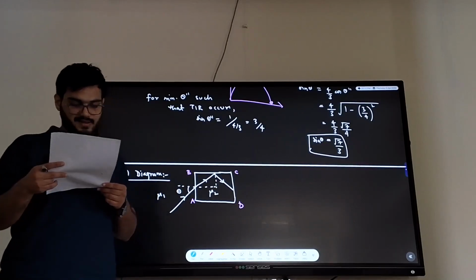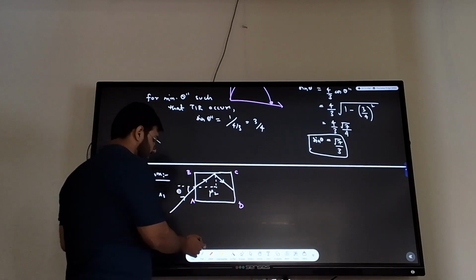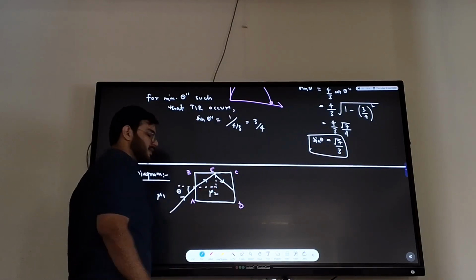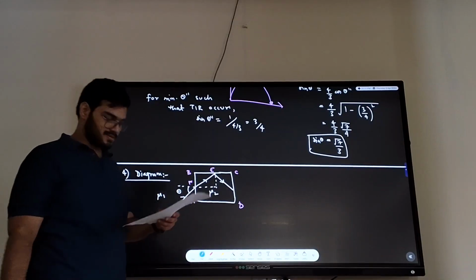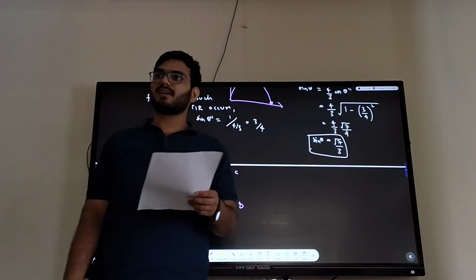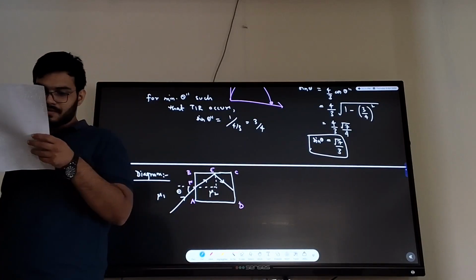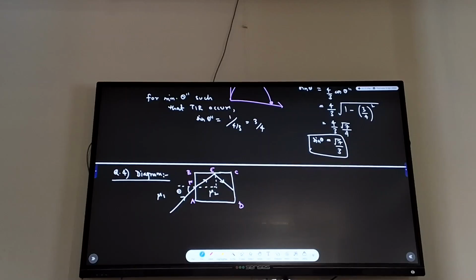A ray of light is incident on this and TIR occurs here at some point E. Let's call it point E. Okay, and let's call it point F. If TIR occurs, then theta must satisfy what?